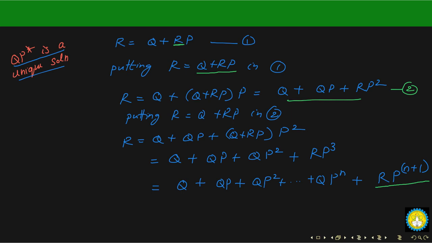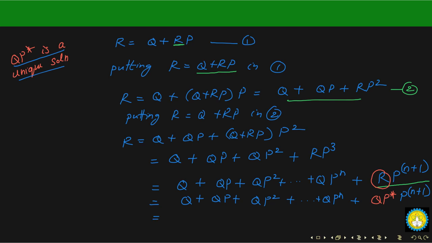So if you put R equal to QP star back in this equation, it becomes Q plus QP plus QP squared plus QP raised to n plus, now instead of this R, putting QP star, QP star into P raised to n plus 1.